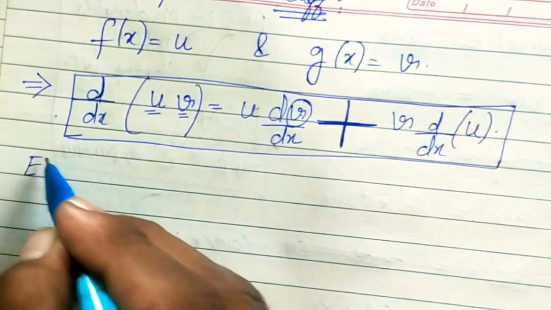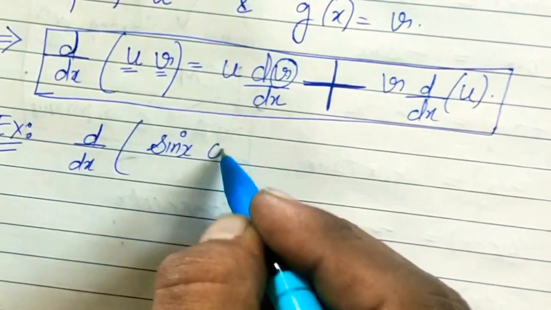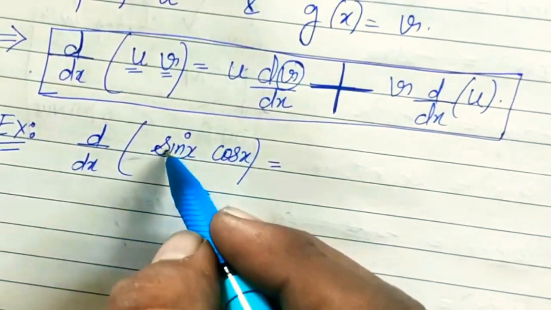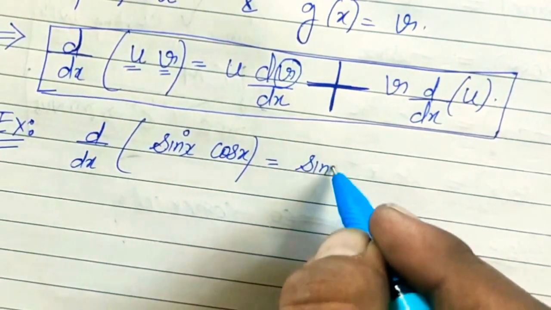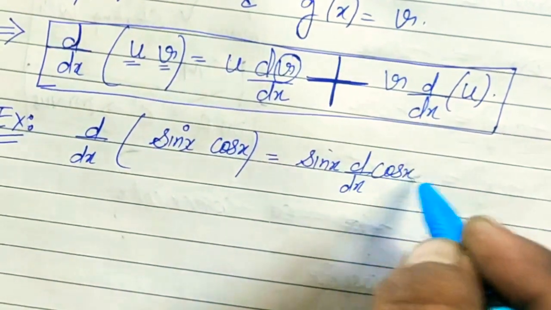Let's see it through an example. Let's say we have to differentiate sin x into cos x. So how will I apply this formula? I'll take sin x outside, and then I will differentiate cos x.